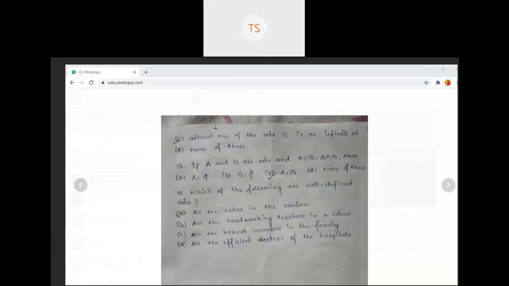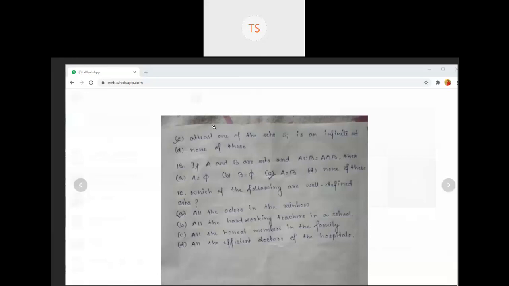Now question number 16 is very simple. Which of the following are well-defined sets? Now why is option A the correct option? Because a rainbow has a lot of colors, ma'am. No, you have to see. Only 7 colors are there. If it were a lot of colors, then option A would be a wrong answer.